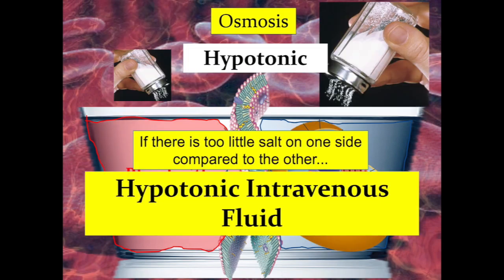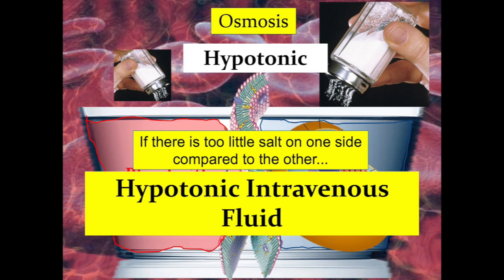Let's talk about hypotonic. Notice on the extracellular side that we've got a small salt shaker, and then on the intracellular side, we've got a large salt shaker. So the salt on the extracellular side is too small or too reduced in concentration compared to the salt even within a normal cell.